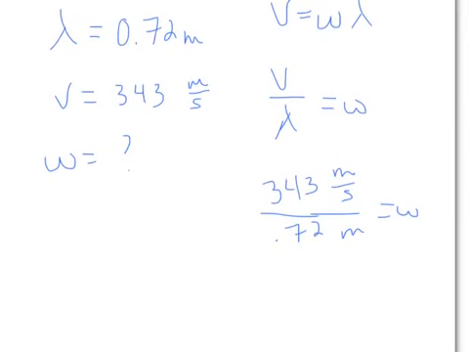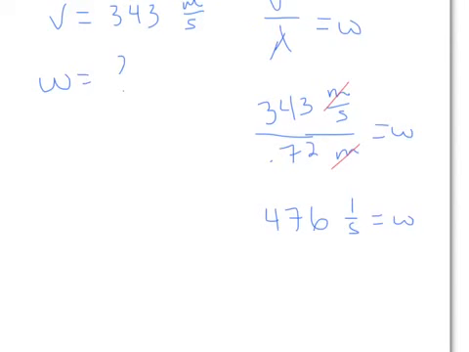This is going to give me a value of 476. Notice here that the meters cancel out. That leaves behind 1 over seconds. Well, 1 over seconds, that's the definition of hertz. So the frequency is 476 hertz.